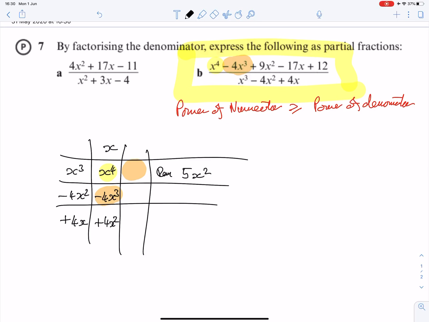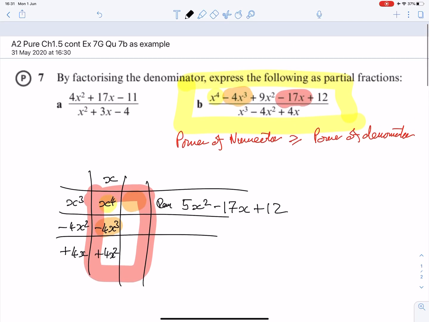And we have got minus 17x up here, and we've got no x's in here at all, so we've got a remainder of minus 17x, and similarly a remainder of plus 12.